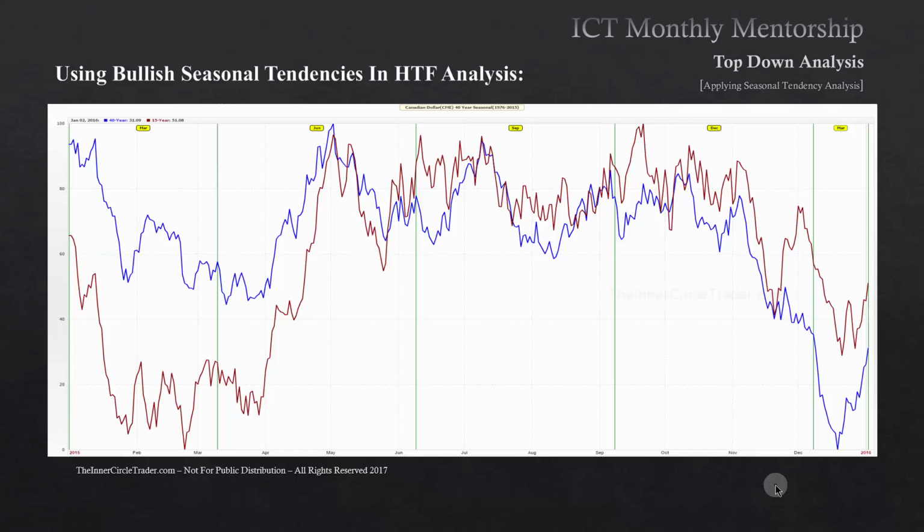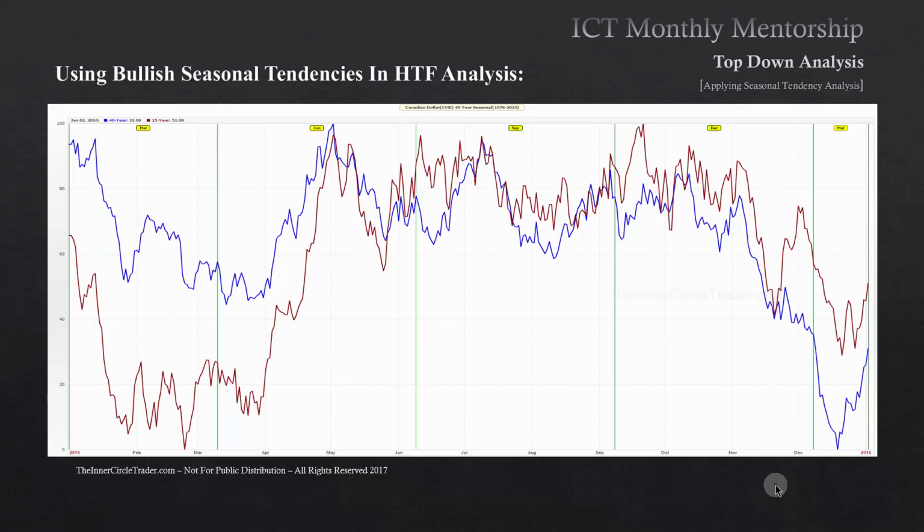As a new trader, I would have never answered that question with, yeah, I could probably agree to that. It felt like a random thing to me. And one of the things that I like about seasonal tendencies is it gave a characteristic to price that proved to me that there is a rhyme and reason behind everything that goes on.